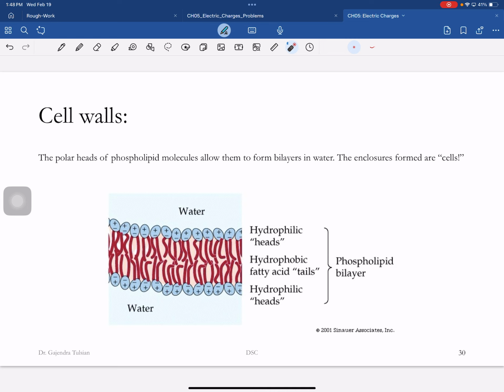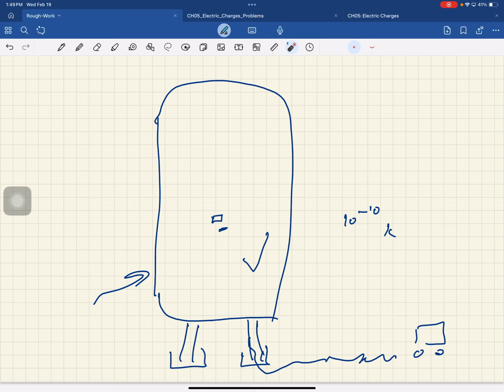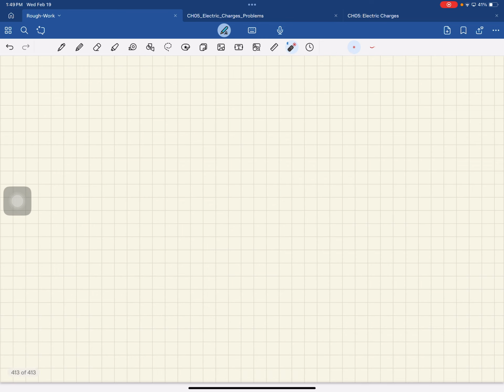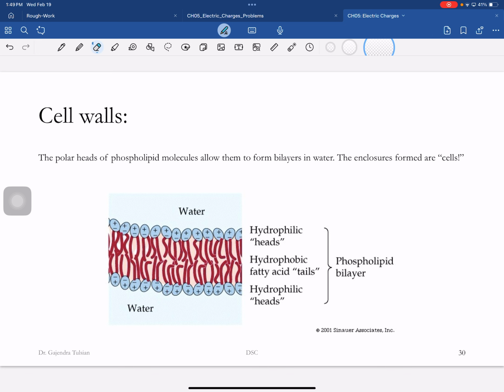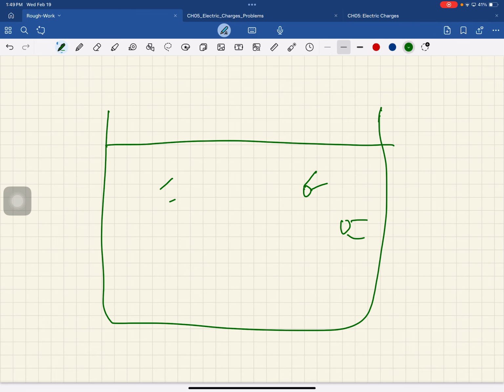Now here's the deal. You take water and throw a bunch of these molecules in there.